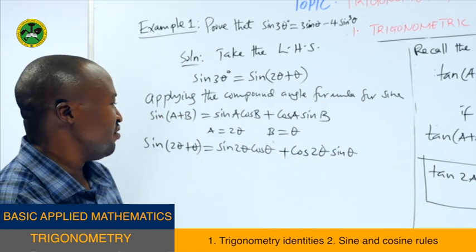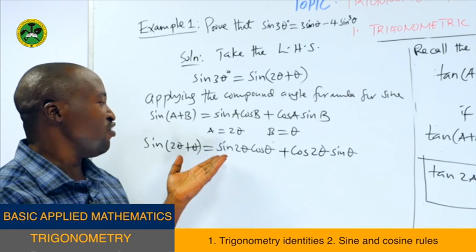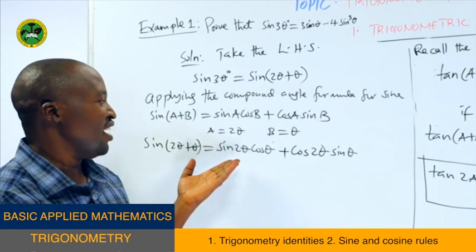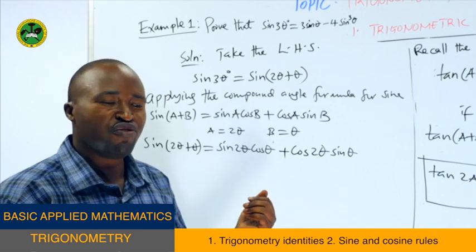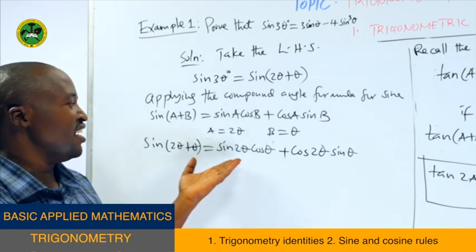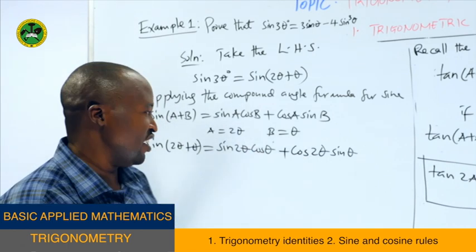But you remember the formula for sine 2 theta and the formula for cos 2 theta. That is the double angle formula for sine and the double angle formula for cosine.